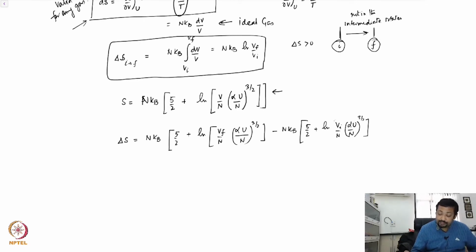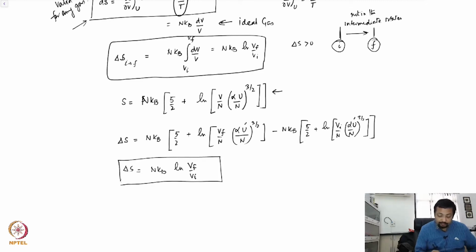Since essentially no heat and no work has been done, the internal energy for both the states remain the same, and you immediately see that this answer matches with the answer which you had obtained earlier, that delta S is going to be NKB ln Vf over Vi for an ideal gas.